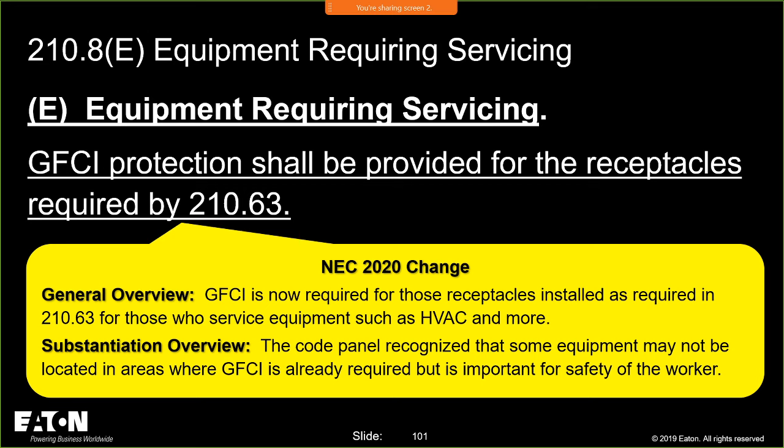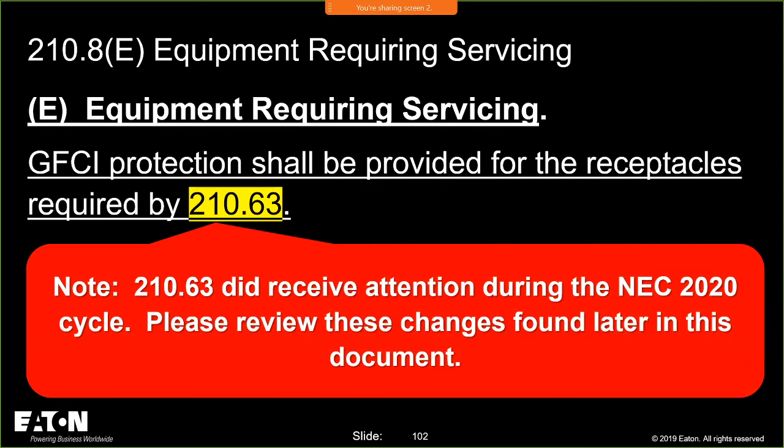But there are areas where we have equipment that is not in an area that already requires GFCI, and we want to provide safety for our electrical worker. So 210.63 saw some changes as well. We restructured 210.63. I think it reads a lot better, and you'll want to look at that. It's not necessarily related to GFCIs, but it's related to usability and accuracy. You'll want to check out 210.63.